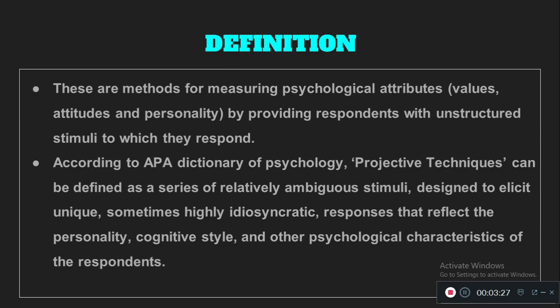That's why it's ambiguous: stimuli designed to elicit unique, sometimes highly idiosyncratic responses that reflect the personality, cognitive style, and other psychological characteristics of the respondents. Respondents are the research subjects.